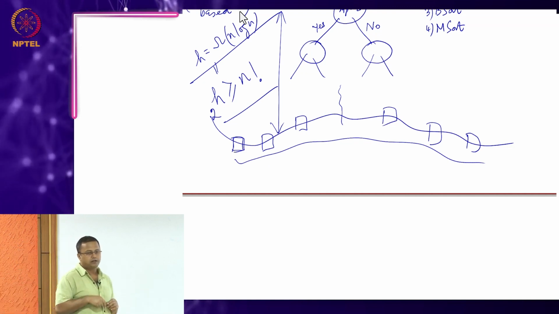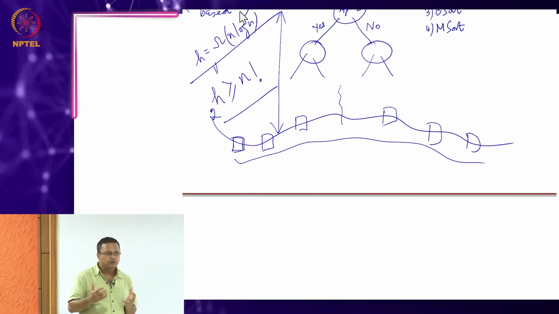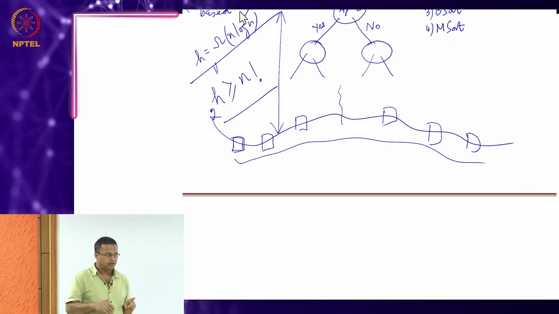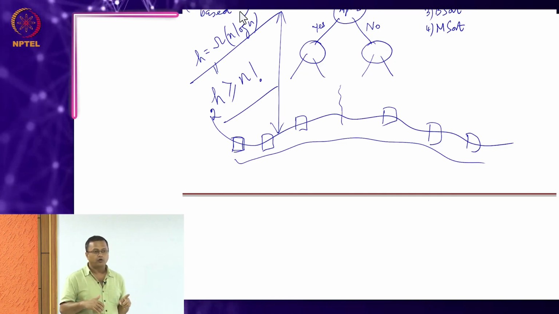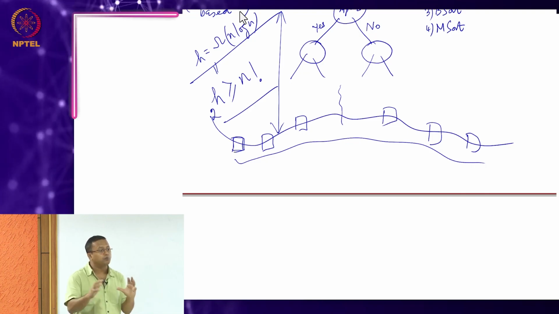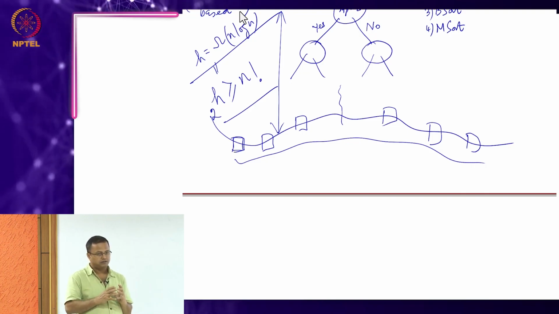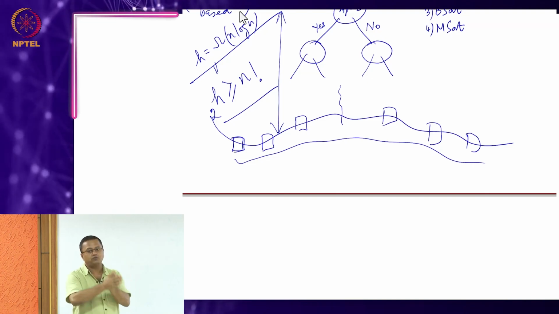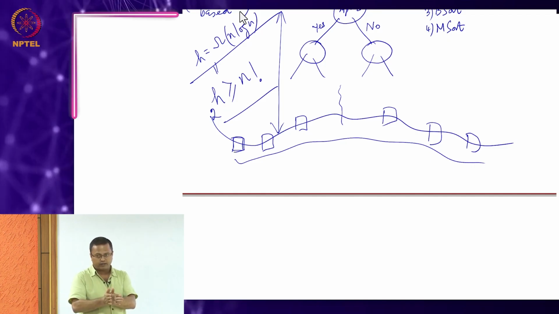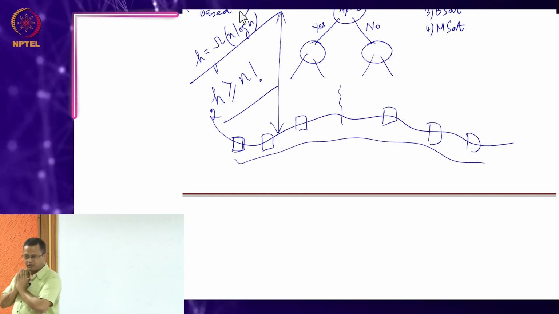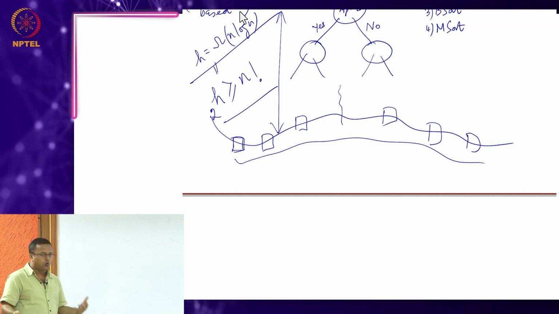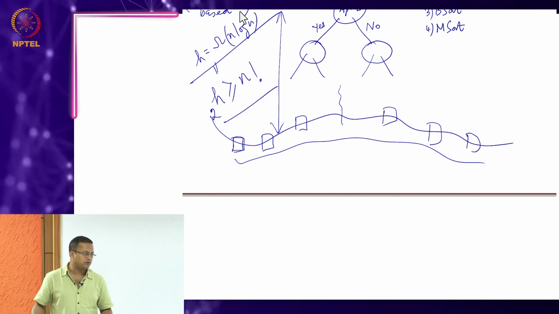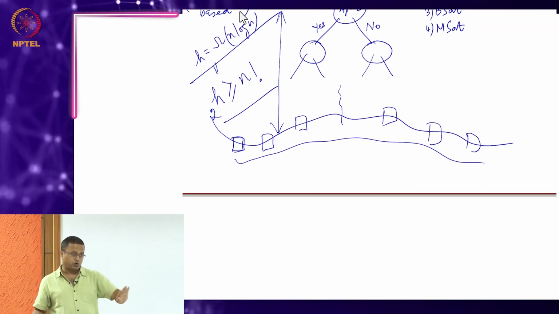Now, mind you, the lower bound that I was giving you was a lower bound on the number of comparisons that you make, and the complexity that we were analyzing was the time complexity. At some point we said that the time complexity is proportional to the number of comparisons that you make. So, this n log n is a lower bound on the time complexity of a sorting algorithm where there is no restriction on the input.